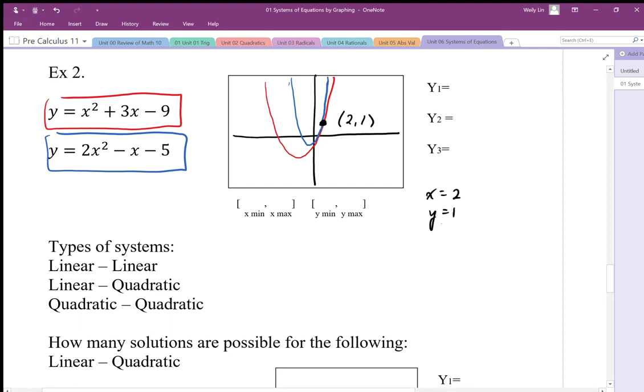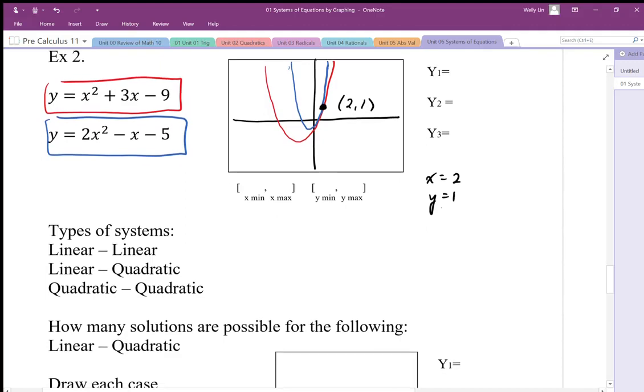Now, we should mention a few things about this because this is a quadratic. It's really hard to tell visually that there's only one solution because that's a tangent. So we have to think of what types of solutions we should be looking for with different combinations of systems.